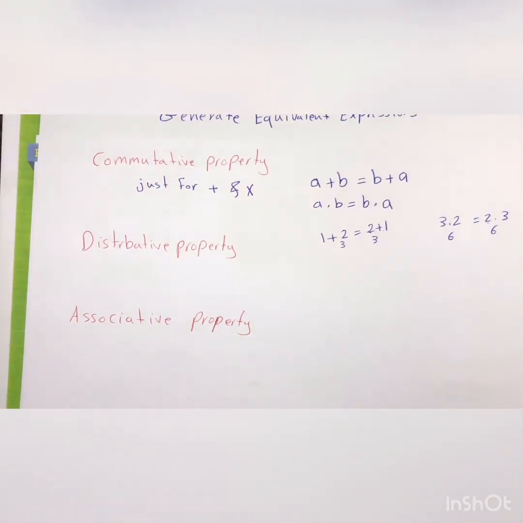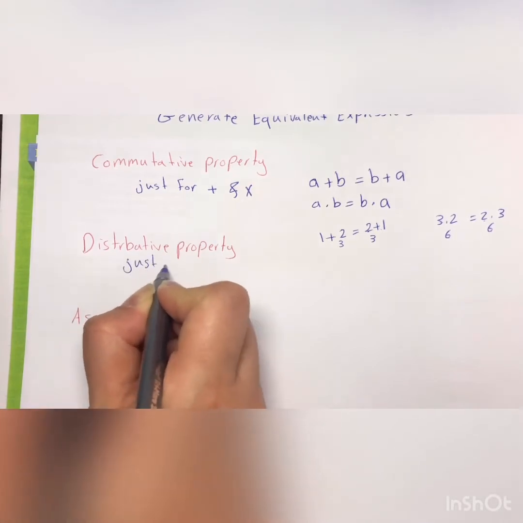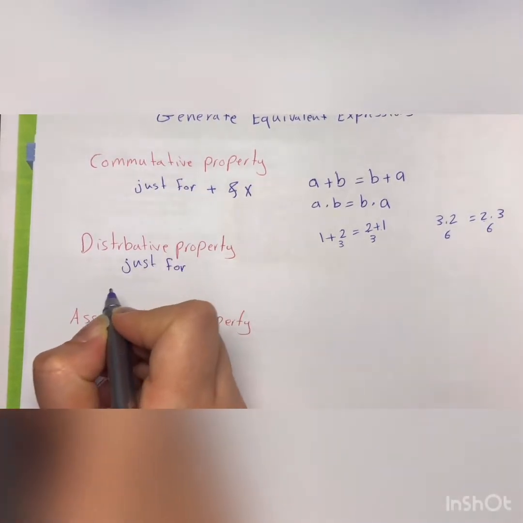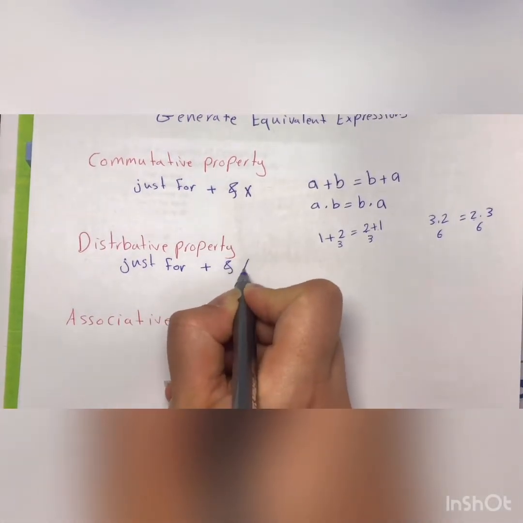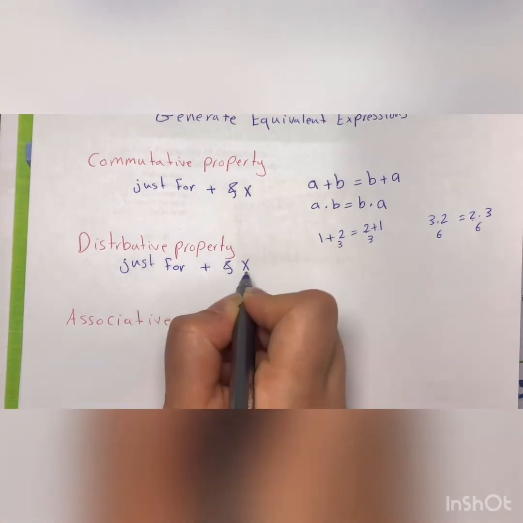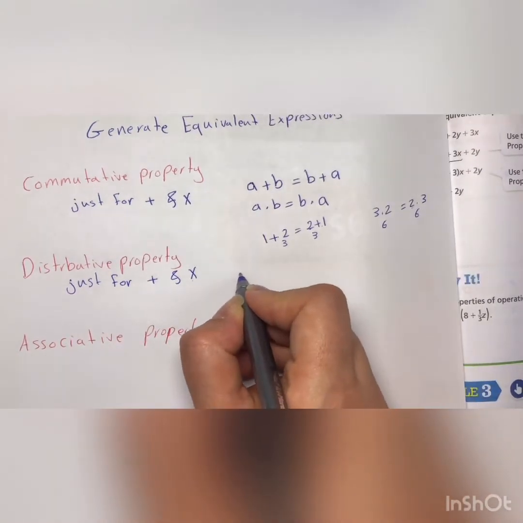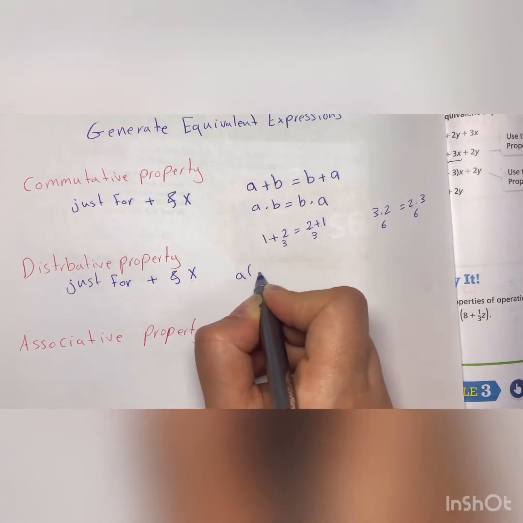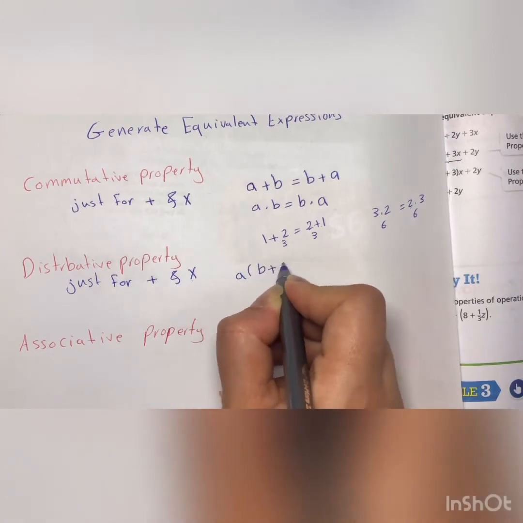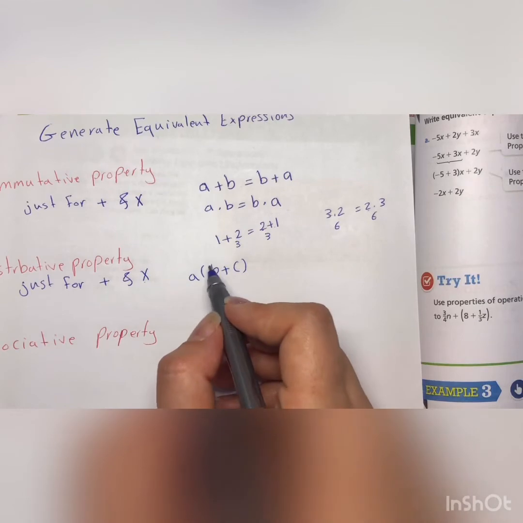What does the distributive property look like? The distributive property is just for addition and multiplication. It looks like A times, that's a multiplication, B plus C. We can change it.